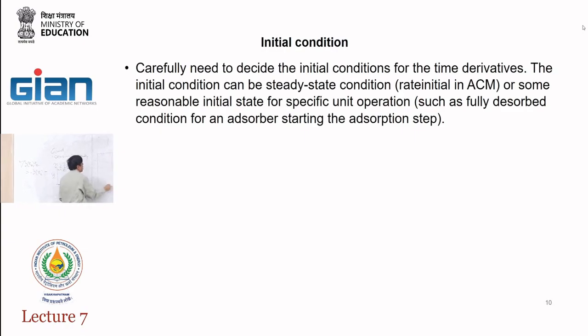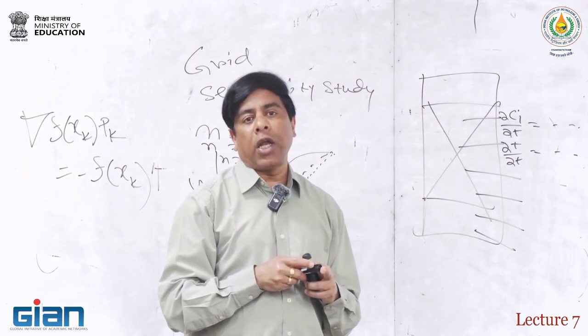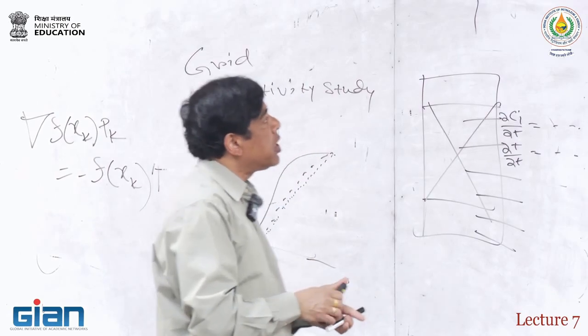So if I have a bed like this, I said dci dt equal to whatever, dt dt equal to whatever, and all of those things. So I have to find these for each location, right? For each location I have to say what the initial values are, and all time derivative values should be provided. This is the case with a dynamic simulation: the initial state is needed. So what is the initial state?